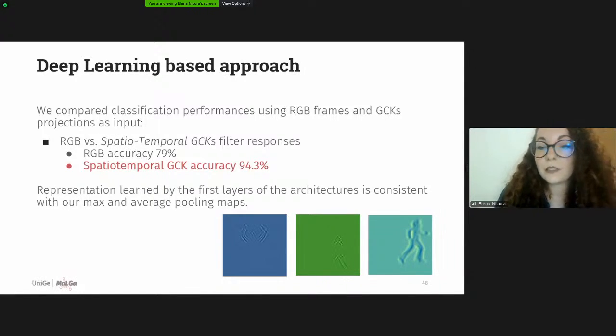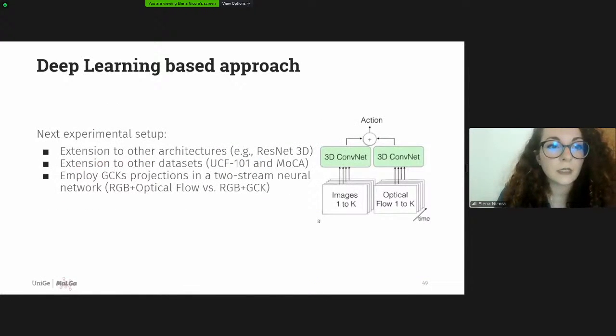Moreover, the representation learned by the first layers of the architecture is somehow related and consistent to the pooling maps that we computed earlier.